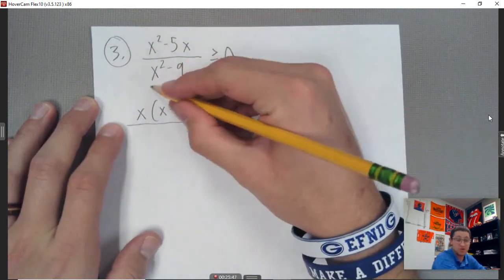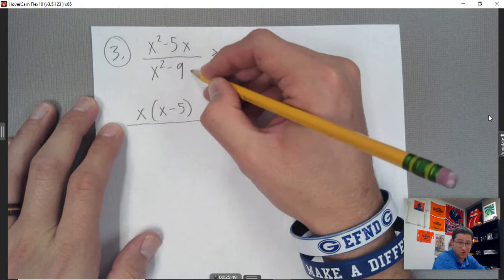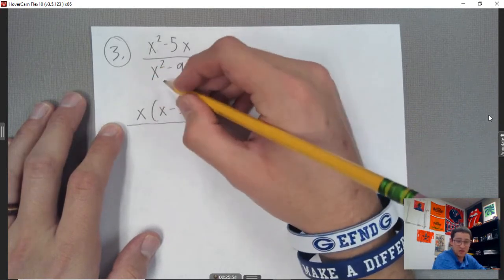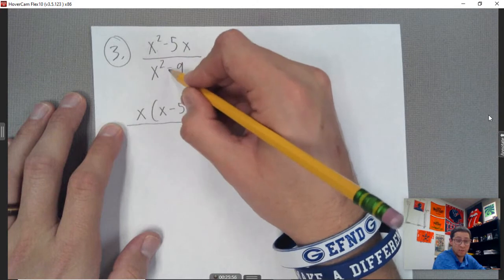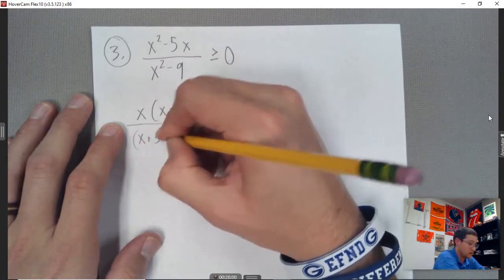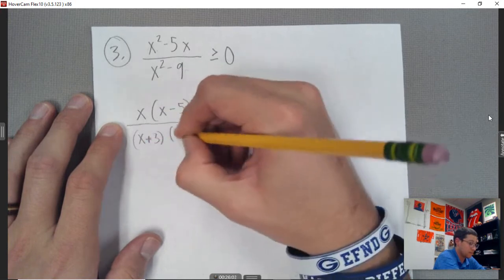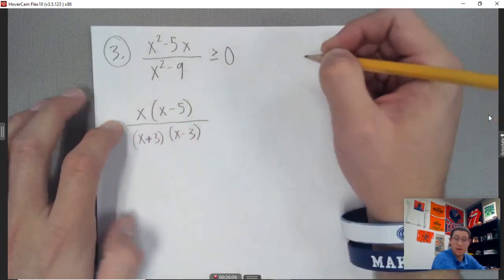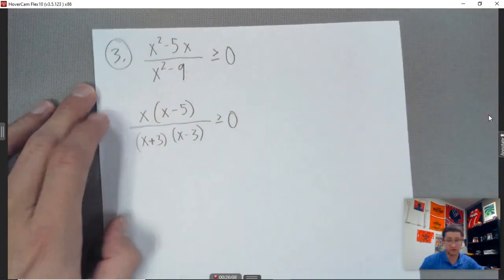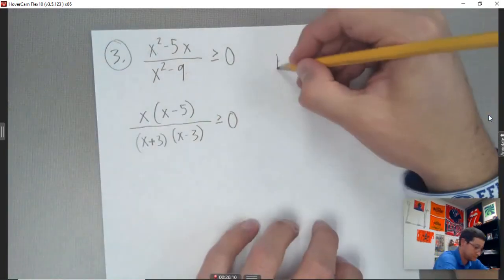And this is your binomial. Notice I don't have an x. Maybe some people get confused when they see that. But remember, this is x squared minus a perfect square. This is that classic example where you've got x plus 3 and x minus 3, where the middle term cancels out. Greater than or equal to 0. Boundary points, that's my next step.